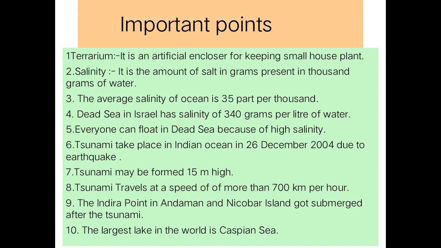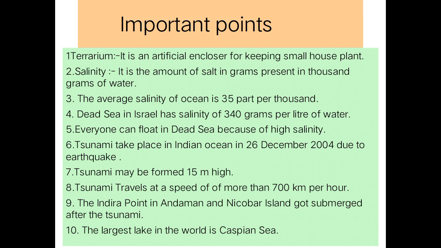Tsunami took place in Indian Ocean on 26th December 2004 due to earthquake. Tsunami may be formed 15 meters high. Tsunami travels at a speed of more than 700 km per hour.